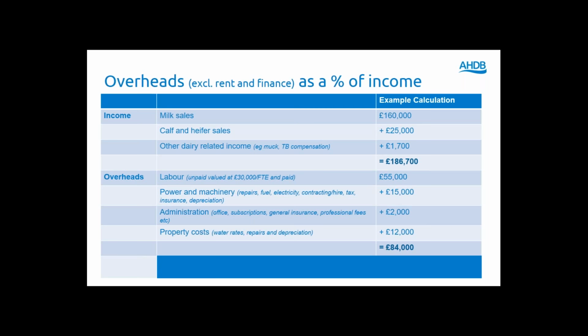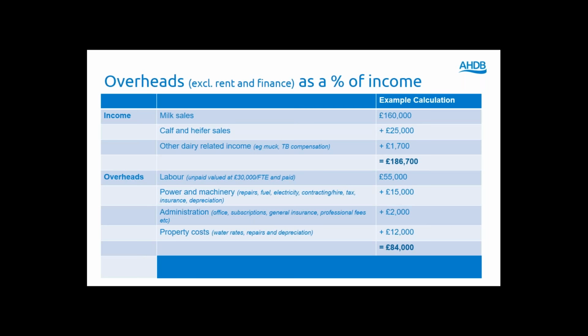You're taking out that structure cost, which is rent and finance, and you're purely looking at the operating costs of that farm. So it's just a different measure of comparing. Another reason for doing it is people don't always like to readily share what rent and finance costs they've got, although I find that with some groups of farmers it's not necessarily an issue, but with others it is.